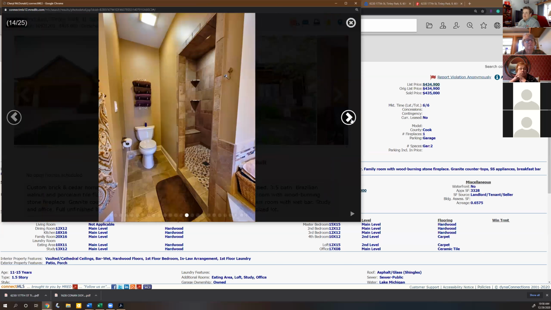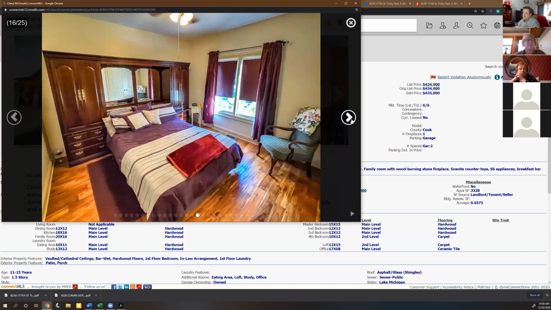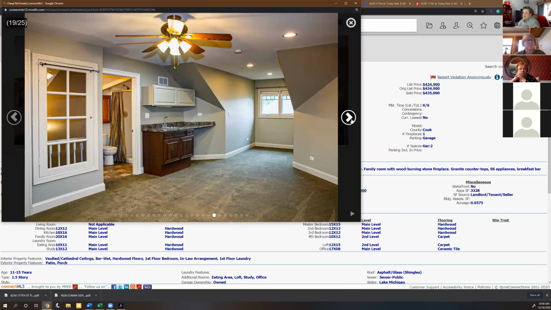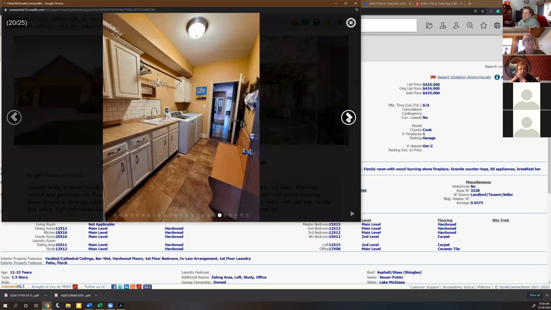They also have a separate living area upstairs, that they rented out.